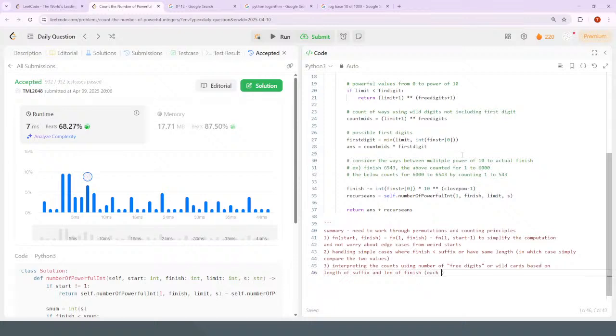Each wildcard is a multiplier by limit plus 1 to the answer.